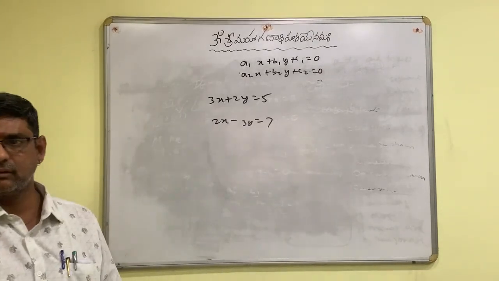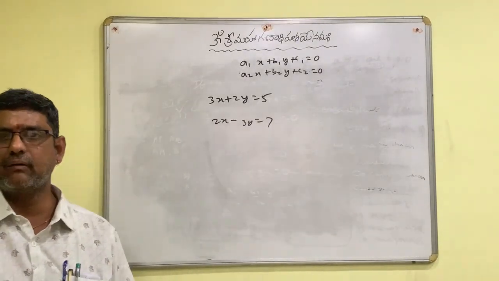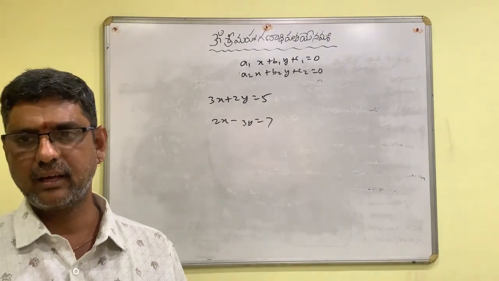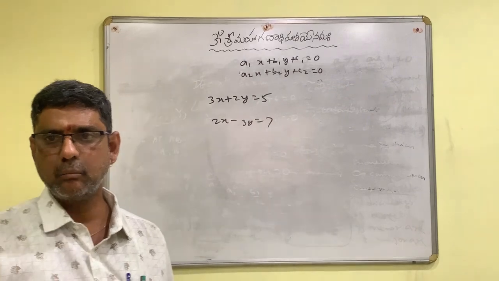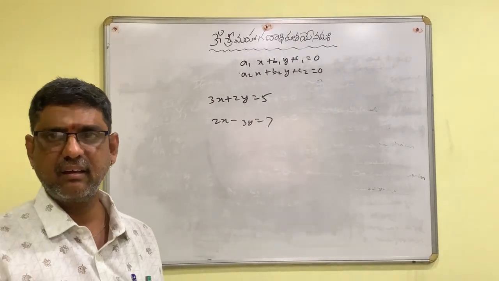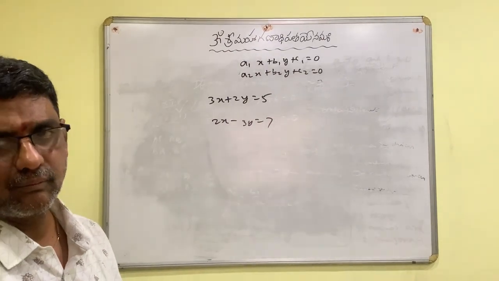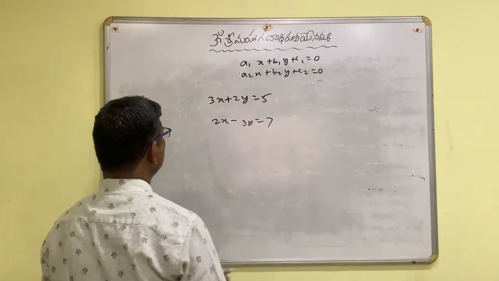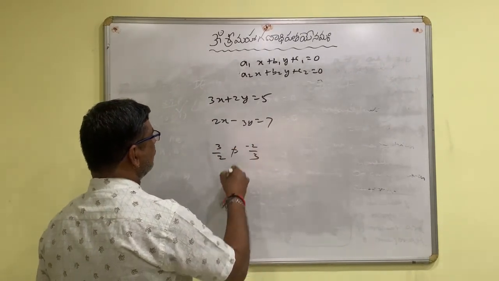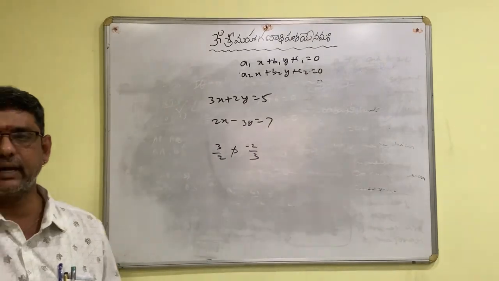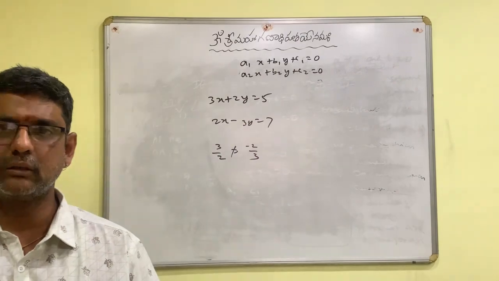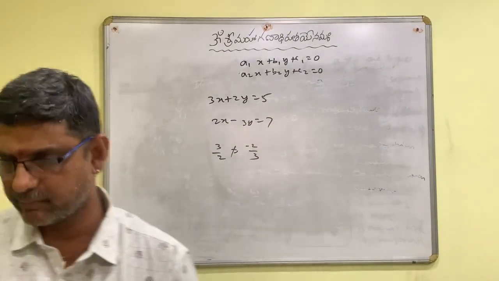General form. So b1 by b2 is 2 by 3. See how nicely you are studying. So a1 by a2 is 3 by 2, b1 by b2 is minus 2 by 3. They are not equal. a1 by a2 is not equal to b1 by b2. So the two lines intersect at a point.